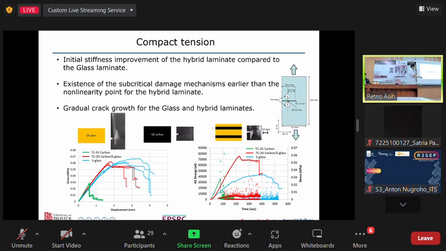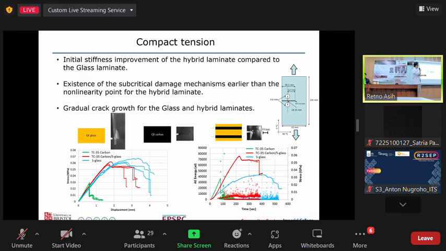Dr. Putu also conducted an acoustic emission examination on this material. There's quite a strong signal, which is a sign of damage occurrence in this material. So this is the concept that we use for this compact tension.